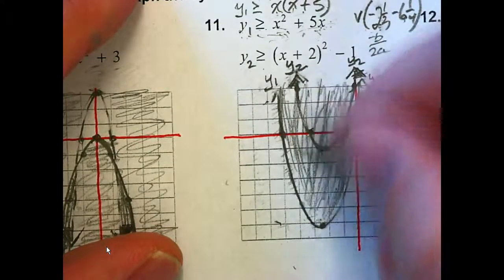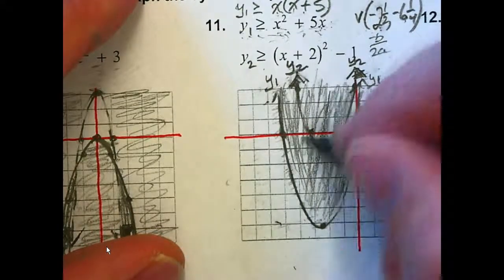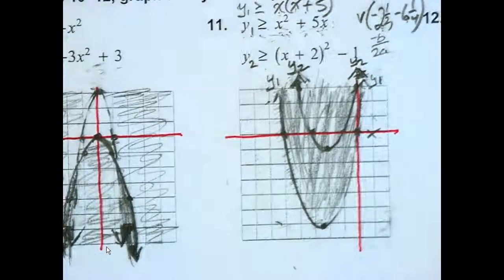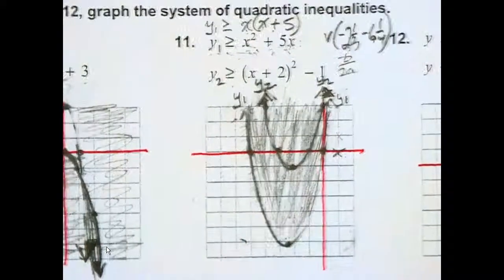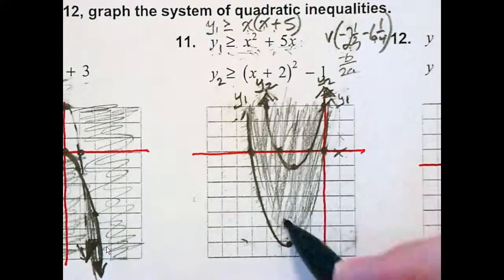Tell your neighbor where the two regions are that your solution could be. Okay, time's up. Where could they be? Go ahead. Yeah, it could be inside either of the two parabolas.